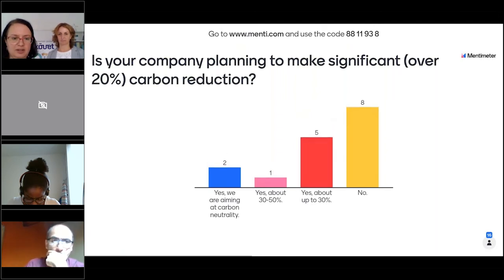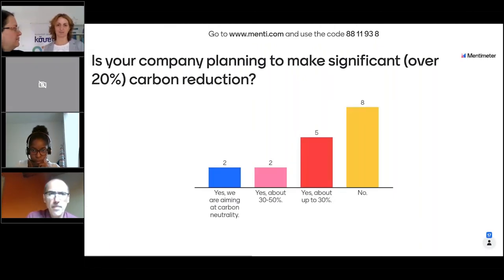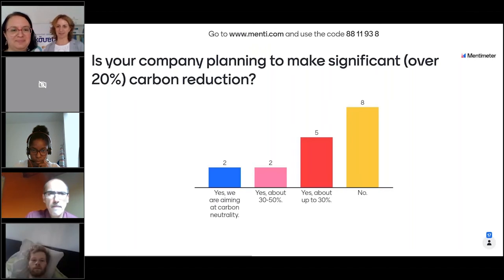All kinds of answers coming in, and even carbon neutrality is aimed at in some cases. We didn't build in a deadline for which year, but in the short term. Okay, shall we move on?